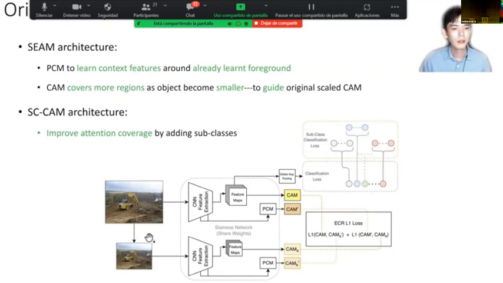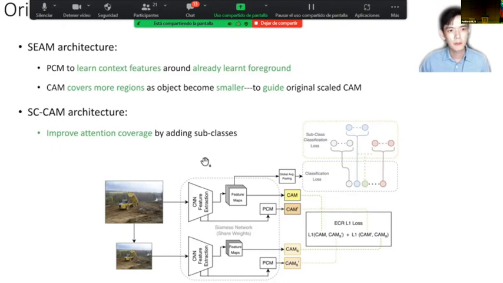They discovered that if the image becomes smaller, the CAM, the class activation mapping, will actually cover more regions of the foreground target. They use this smaller scaled input CAM as a ground truth to guide the original scale CAM, to encourage the model to also look at the entire region more. So this way, it will encourage the model to cover more regions for the SIM architecture.